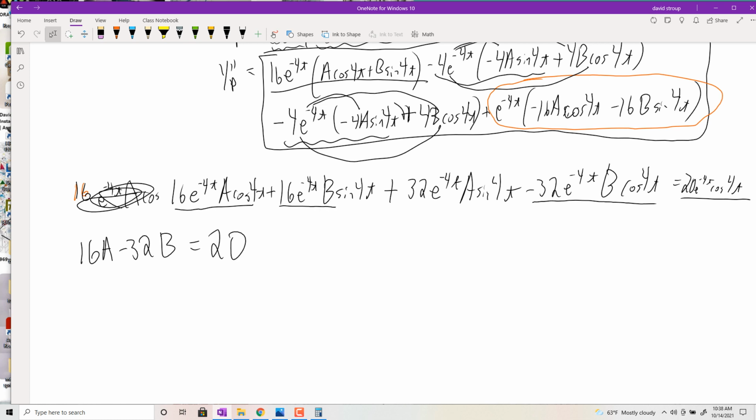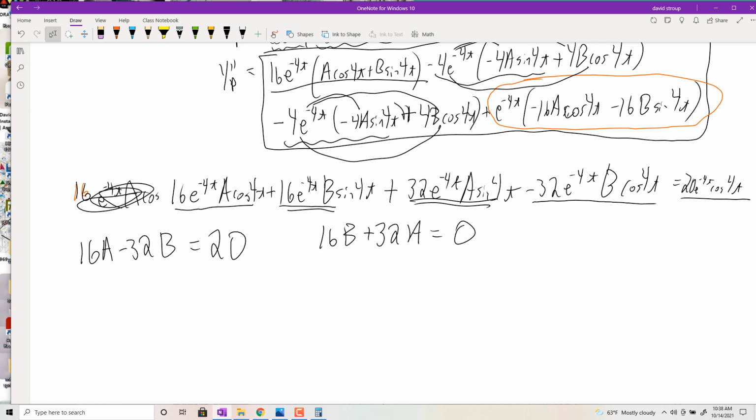And then this thing and this thing should equate to the coefficient on the right. There's no e to the negative 4t sine 4t on the right, so that's just 0 on the right. So we have 16b plus 32a equals 0, hopefully.